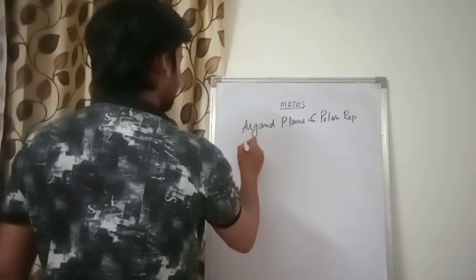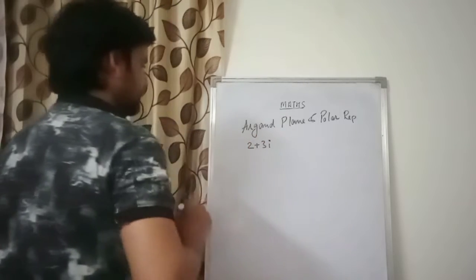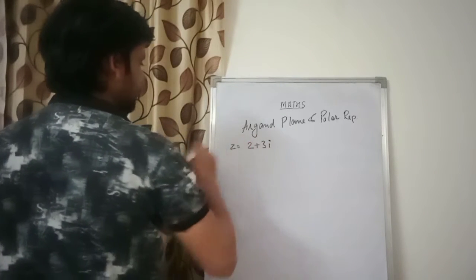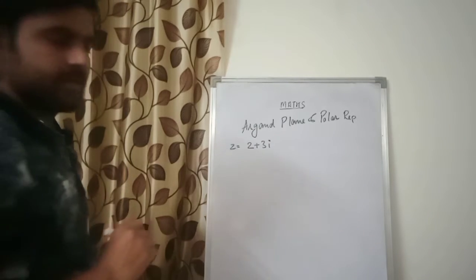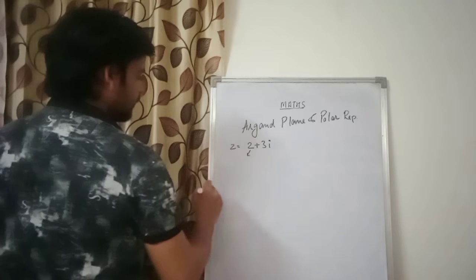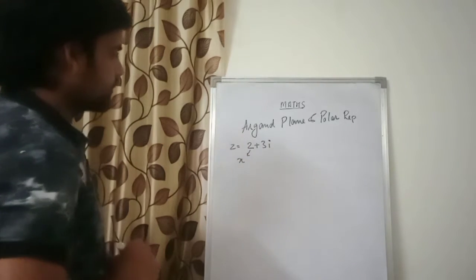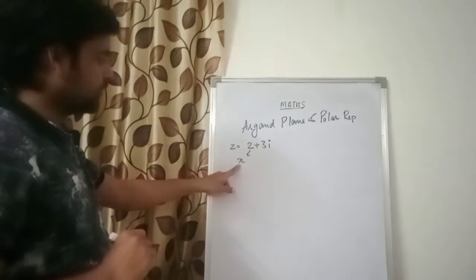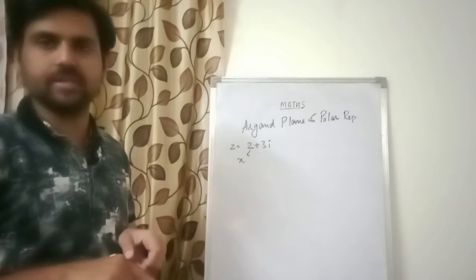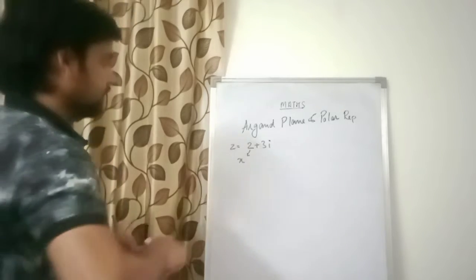So let's say I have to represent 2 plus 3i. This is your complex number. Fine. Now the real part you will take on the x-axis or on the real axis. So this real part will be actually the coordinate of x, or you can say x for the real part or real axis.